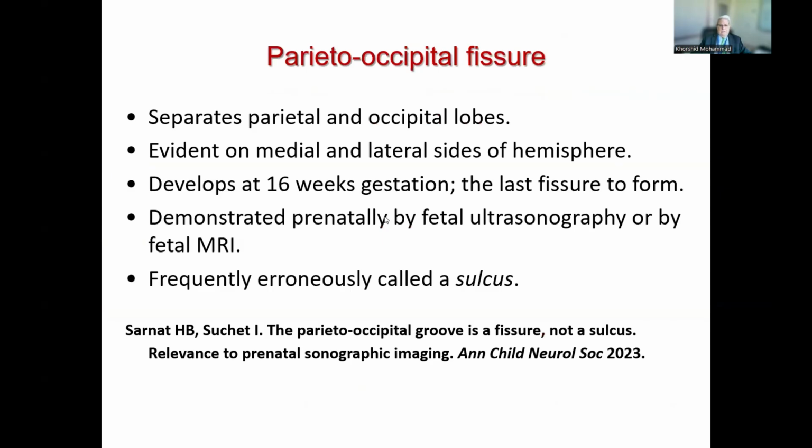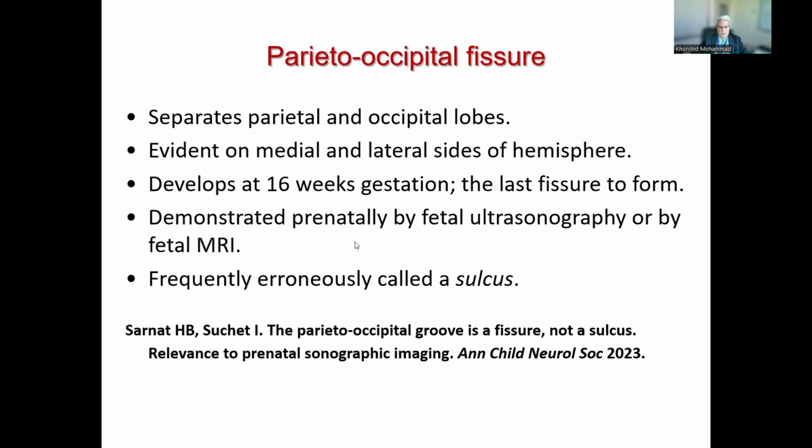The parieto-occipital fissure is the fissure that separates the parietal and occipital lobes. And it's evident on the medial and lateral sides of the hemispheres, but more on the medial side. It starts to develop at about 16 weeks gestation, and it's the last fissure to actually form in the forebrain.